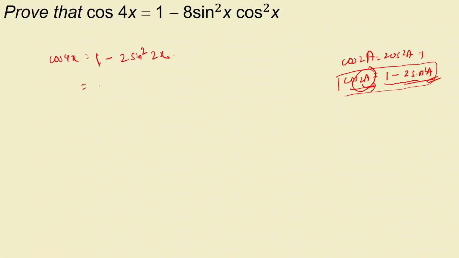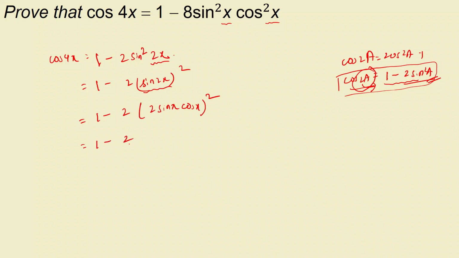Okay, now what we can do, you see we still have 2x over here, but in the final form we don't need any 2x or any 4x. We have to bring it down to the lowest level. So what we do, we write this sine square 2x as sine 2x the whole squared, which actually gives us, again putting down the formula for sine 2x, which is 2 sine x cos x, and the whole square remains as it is.